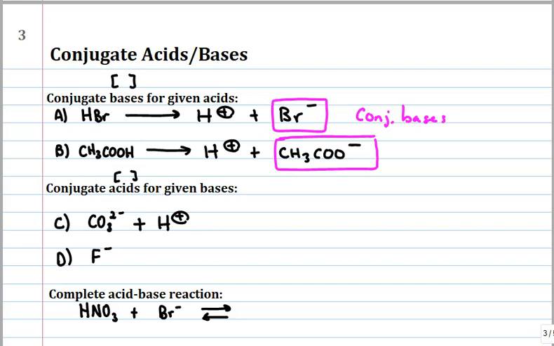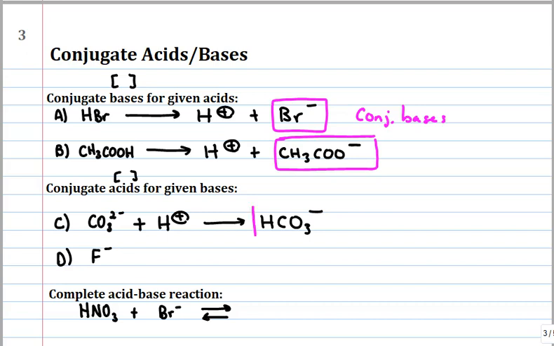Bases accept hydrogen ions, and when that happens, you're going to get HCO3 minus. This just makes sense, because if you have a hydrogen added to CO3 2-, now you've got HCO3, and 2 minus plus 1 plus leaves you with 1 minus. So this is our old friend, the bicarbonate ion.